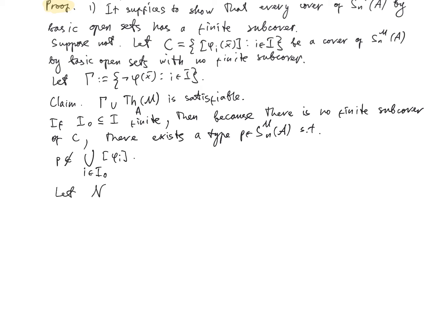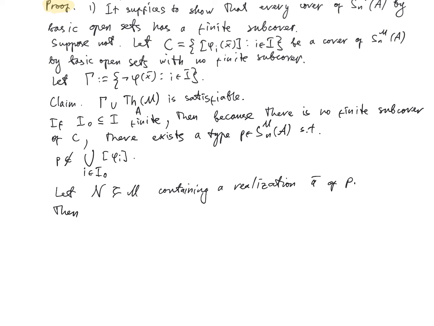Now let N be an elementary extension of M containing a realization a bar of p. Remember last time we have proved that every type can be realized in an elementary extension.